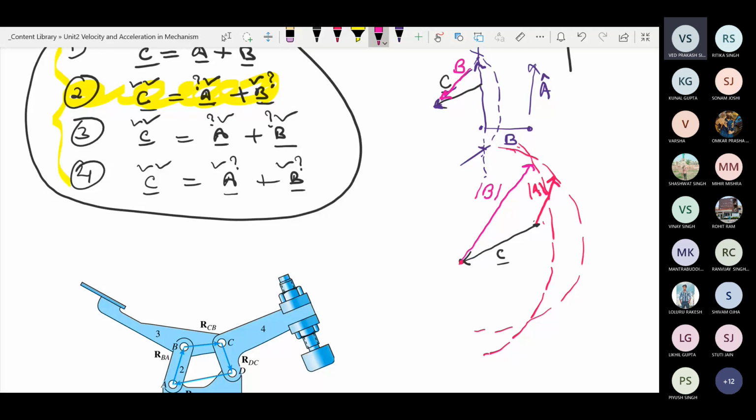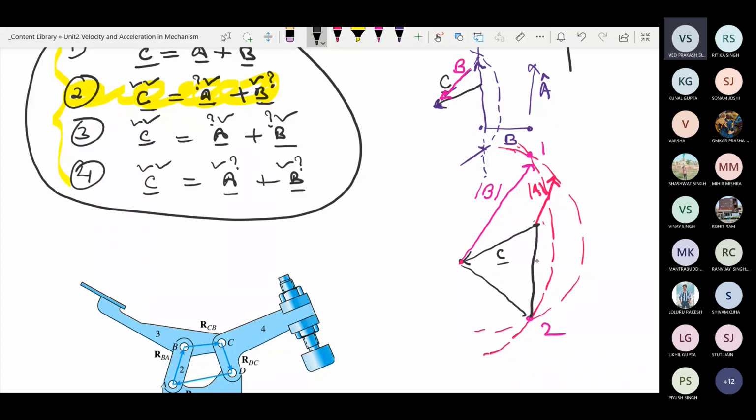Okay. So now what you have to do, you are getting two intersection points. The one is here, let me say point 1, another is here, point 2. Okay. What you have to remember, that A and B will be head to tail combination because they are addition and C is the resultant. So I will start now from point C. You join the lines first, this line and this line.